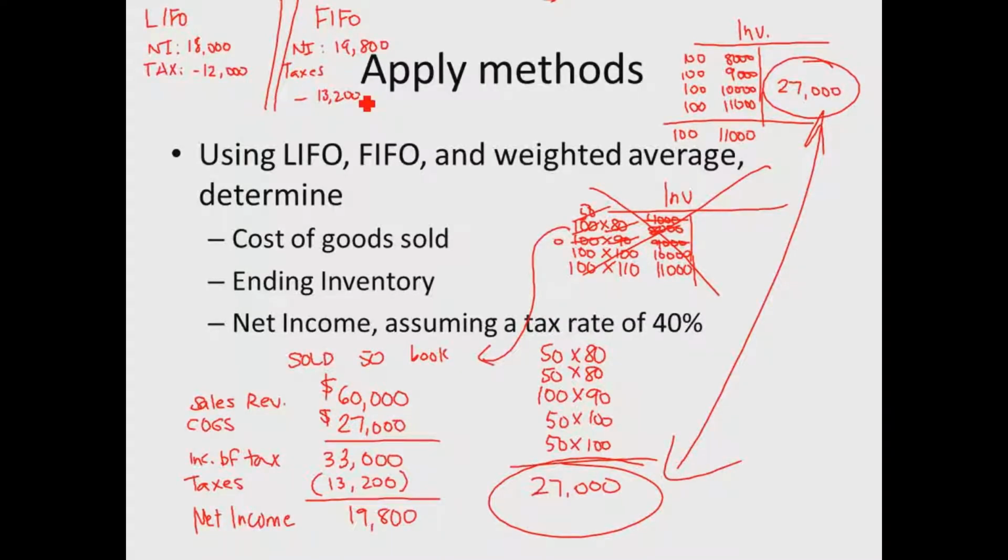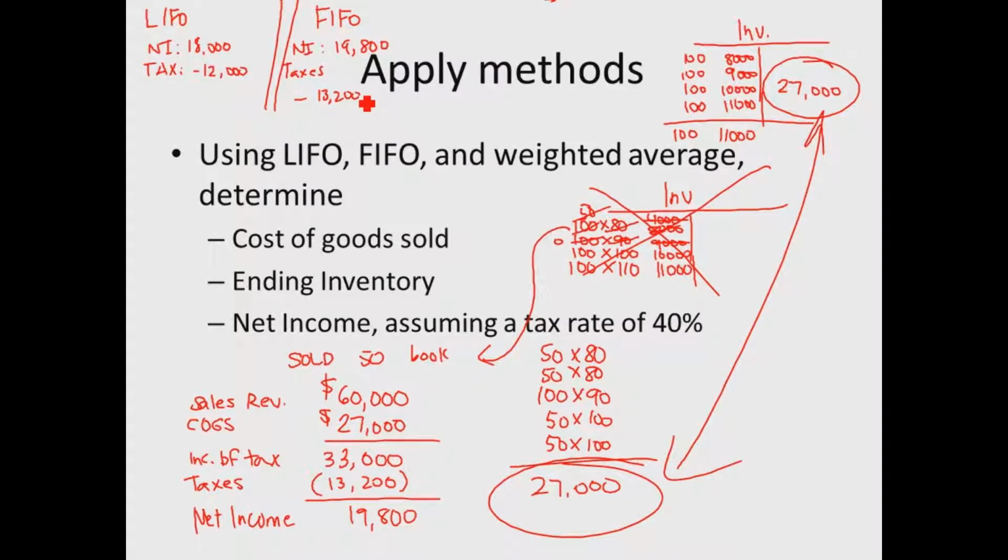Okay, here's the problem though. What if the company's not going to liquidate? And now investors are thinking, which company should I buy? And they only look at income. Now, as a shareholder, I can sell my stock for more if I have high income. If I have the FIFO company, they're willing to pay more for it. Well, then I, of course, would like my managers to use FIFO.